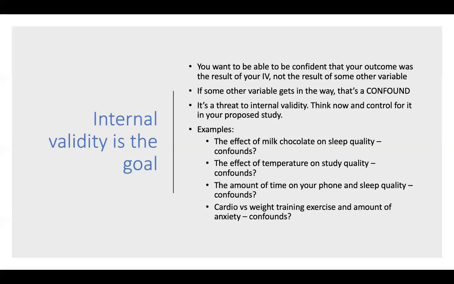And so here again, you're looking at the level of the independent variable. You could do this as an experiment, or you could do this as an observation or association study. Either one will work. It just depends on how you want to set it up. So if you're going to do this as an observation study, then what you do is you measure the amount of time people spend on their phone, and then you measure their sleep quality, and you correlate the two.